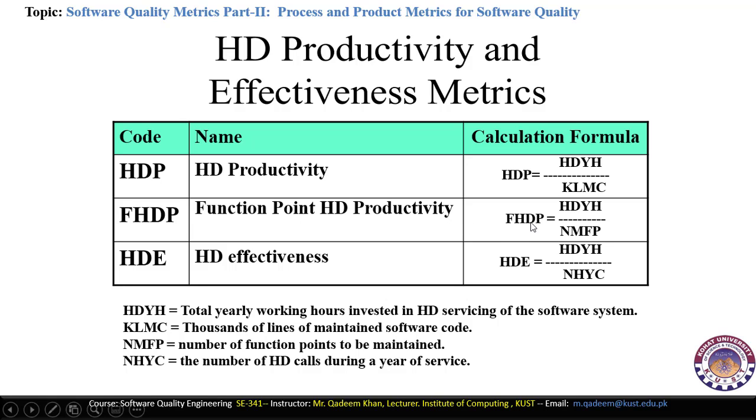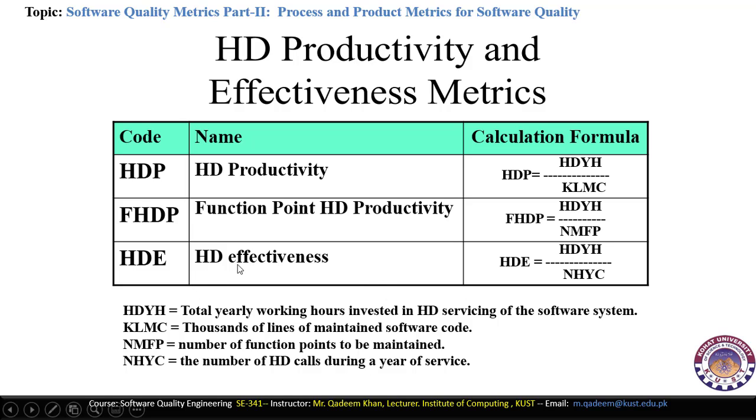So FHDP, the function point help desk productivity metric, is equal to HDYH divided by NMFP, while HDYH is the total yearly working hours invested in help desk servicing of the software system, and NMFP is the number of function points to be maintained. The number of function points maintained are certain values which we require to be maintained.